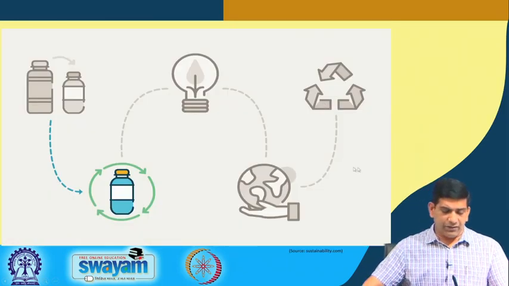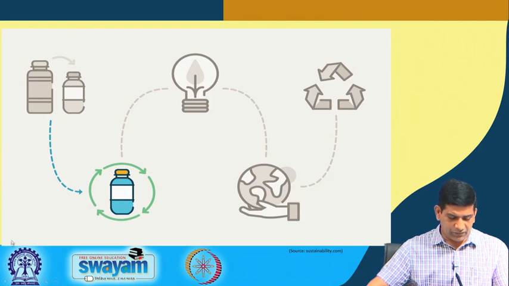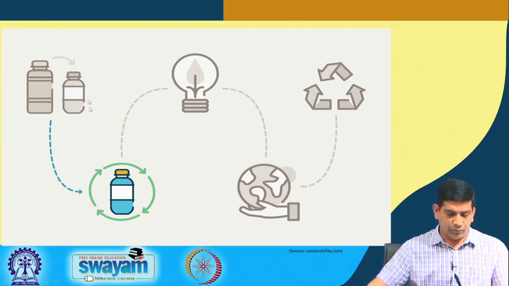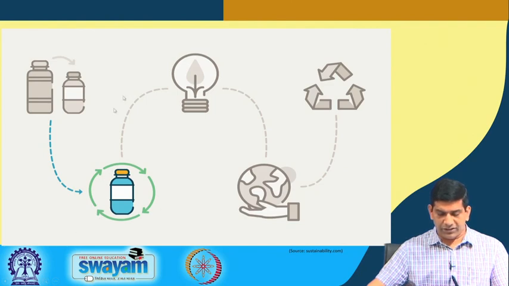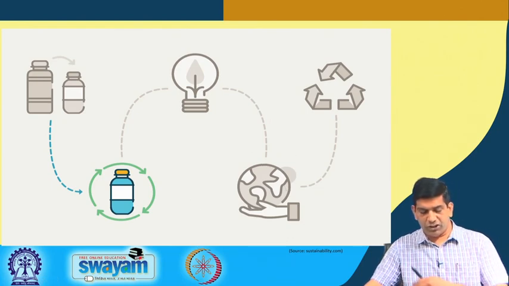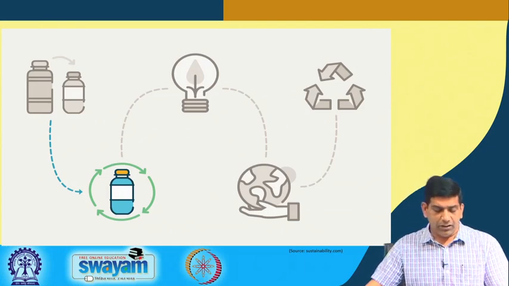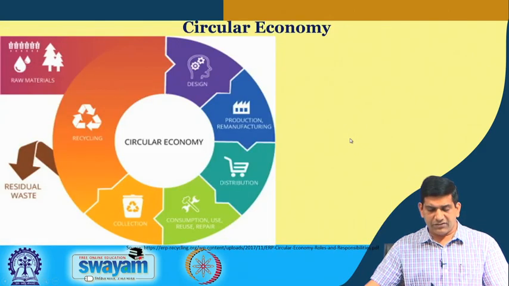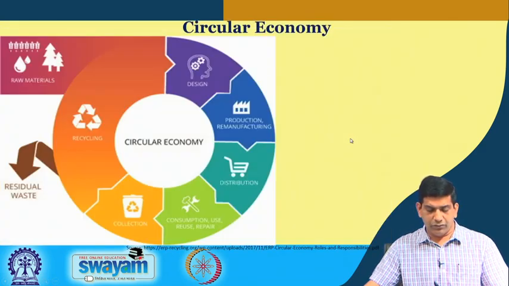Now, as you can see, in terms of plastic waste, you have these two bottles which get recycled, and out of recycling it generates some material which is used for an electric bulb. We also have certain materials which can be easily recycled. So these are just an illustration of different things that you can do.